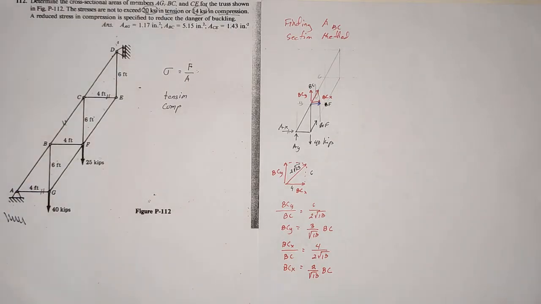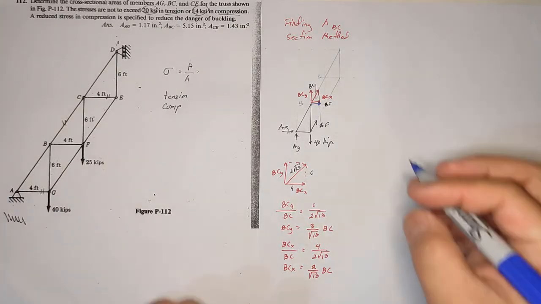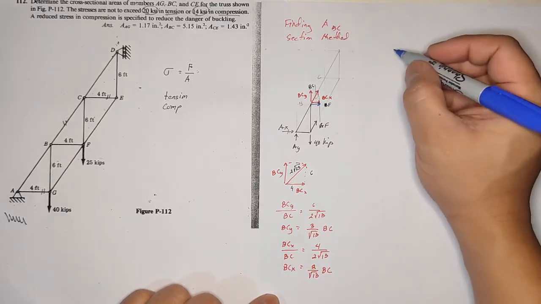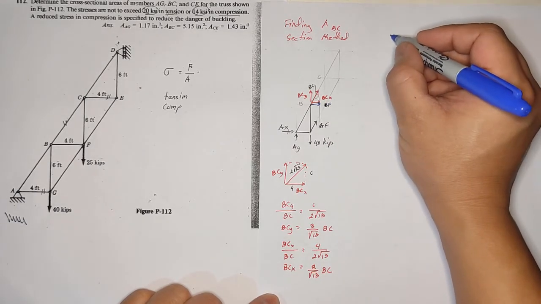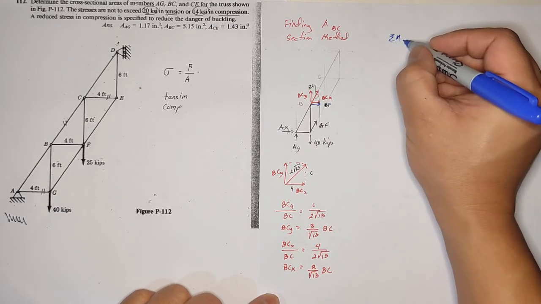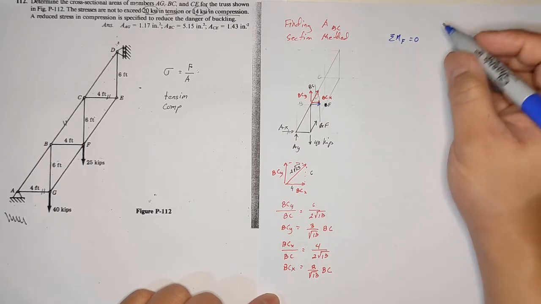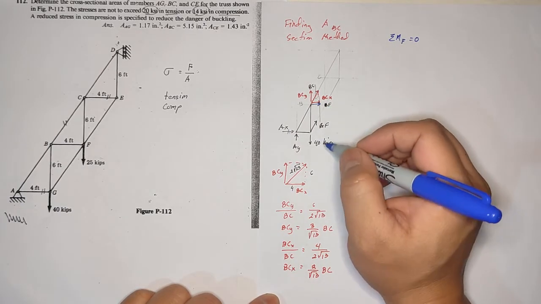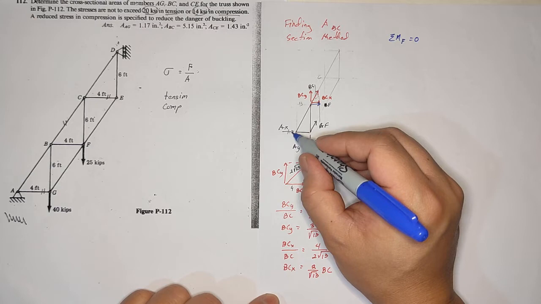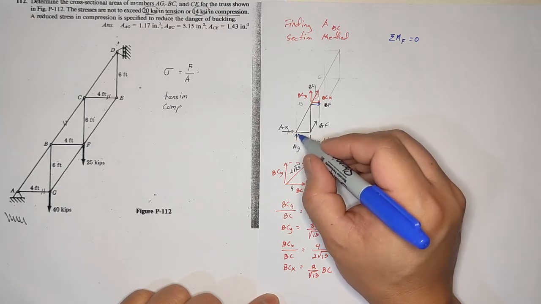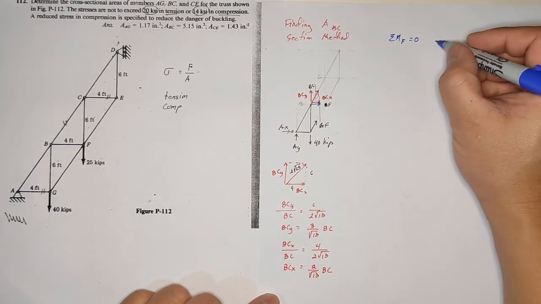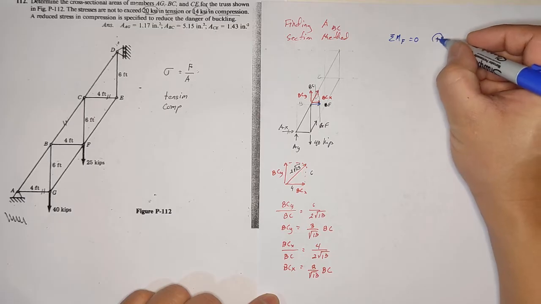Okay, what's next? So if you have that, then you can have the summation. This is point F. Okay. Now, summation moment at F equals 0. So 0 that. Then let's start with AX. Again, positive for clockwise.